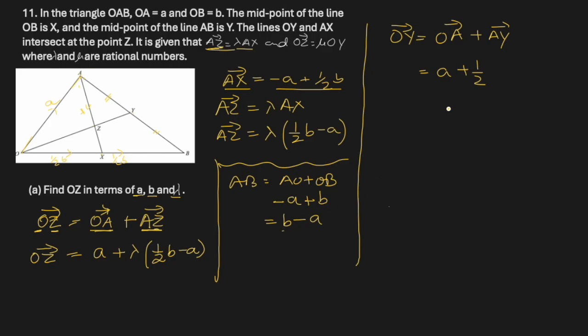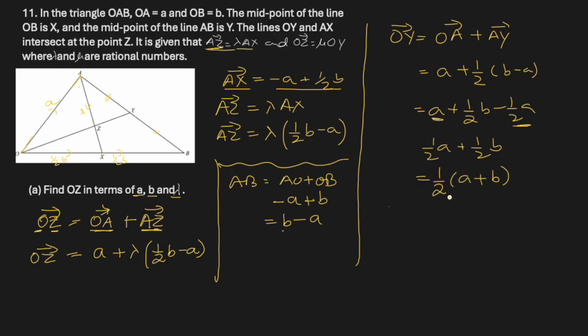AB was B minus A. So let's see what we get here. If I open this, I get A plus half B minus half A. A minus half A will be half A, plus half B. So OY is 1 over 2 times (A plus B), right?